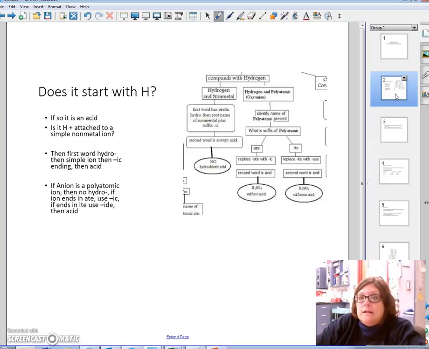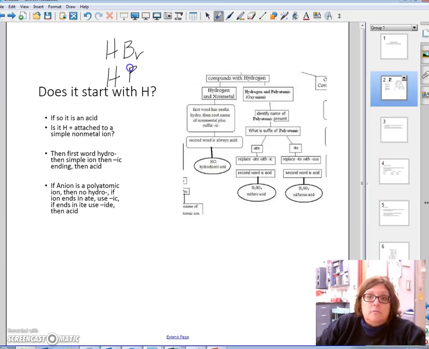If the compound formula starts with an H, it's an acid. Then you look at what's next: is the H attached to just a non-metal, or is it attached to a polyatomic ion? That is what makes the difference.